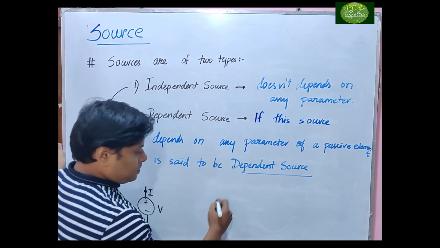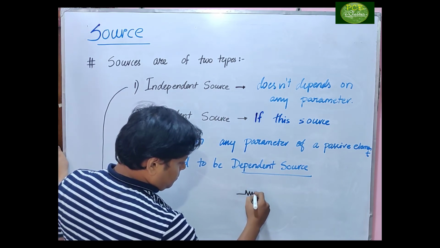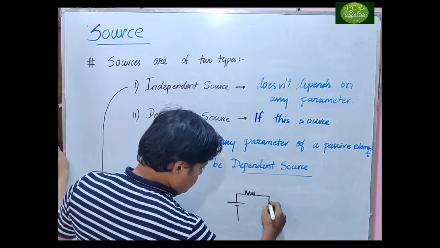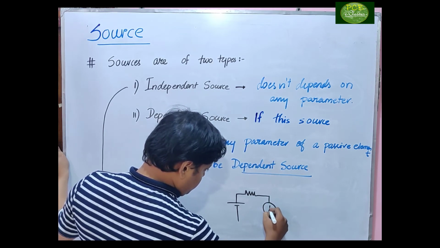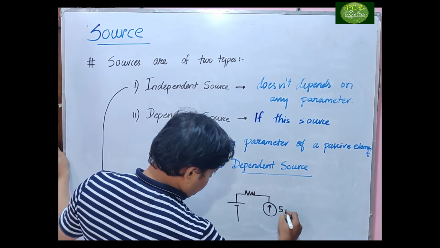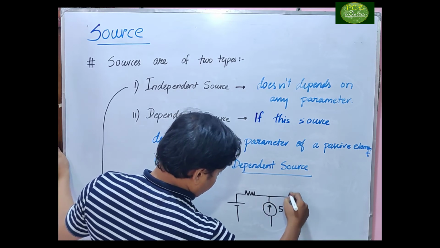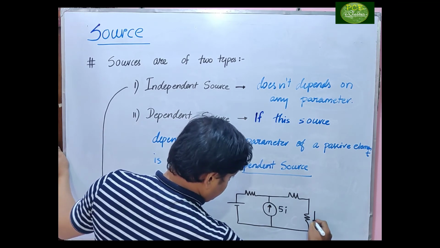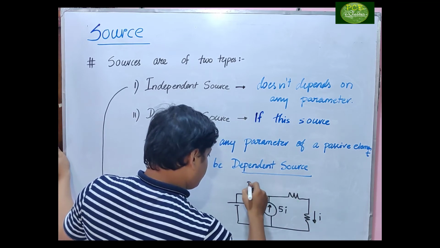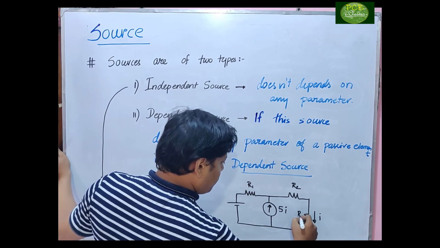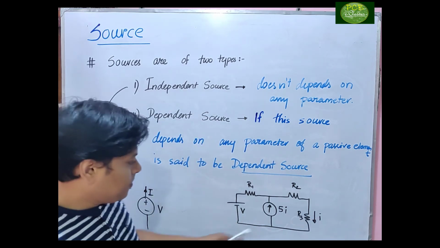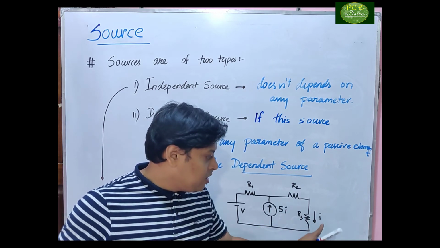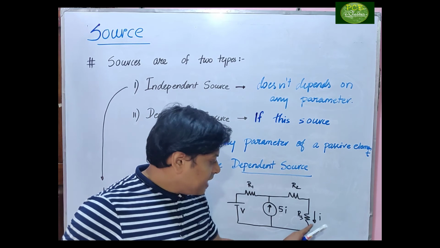But suppose, see in this circuit, this is a current source, but this current source is depending on the current, that is one of the parameter of this element R3.